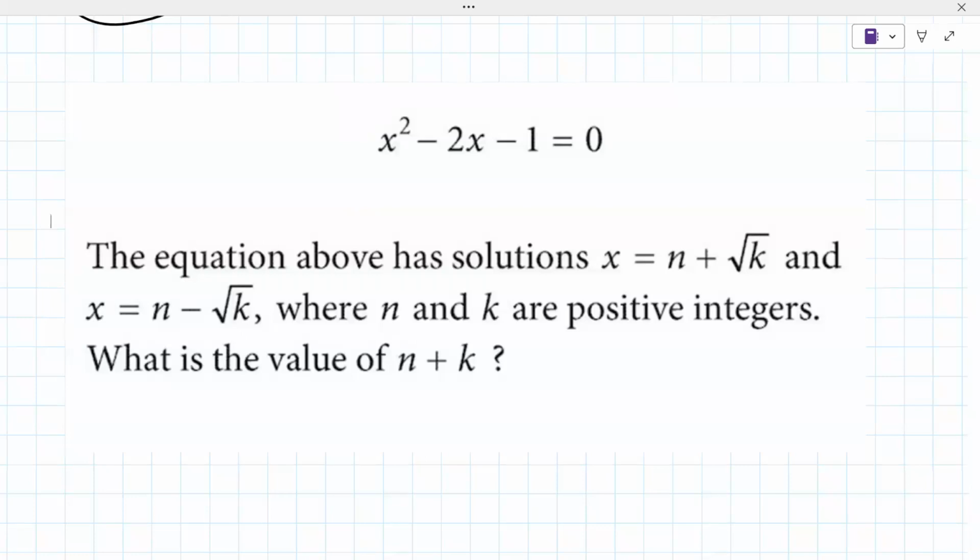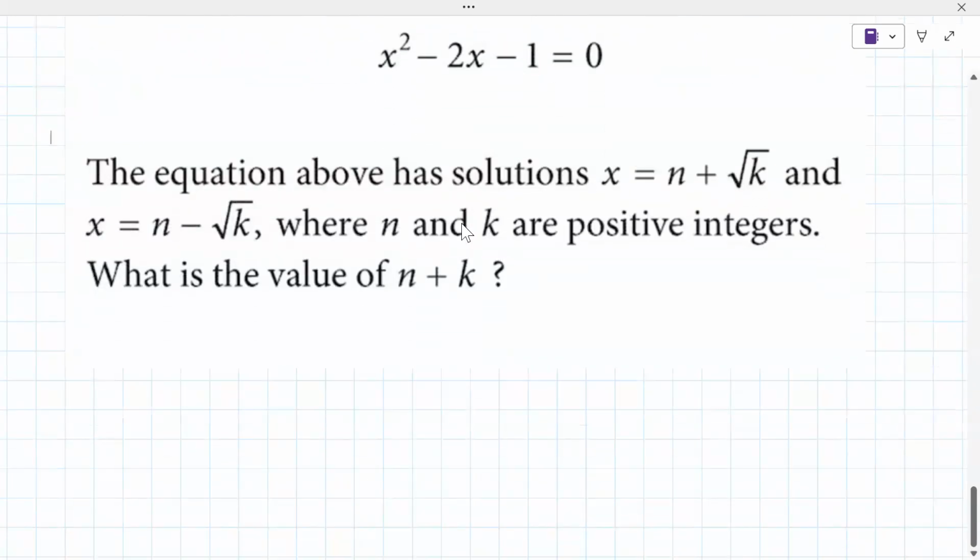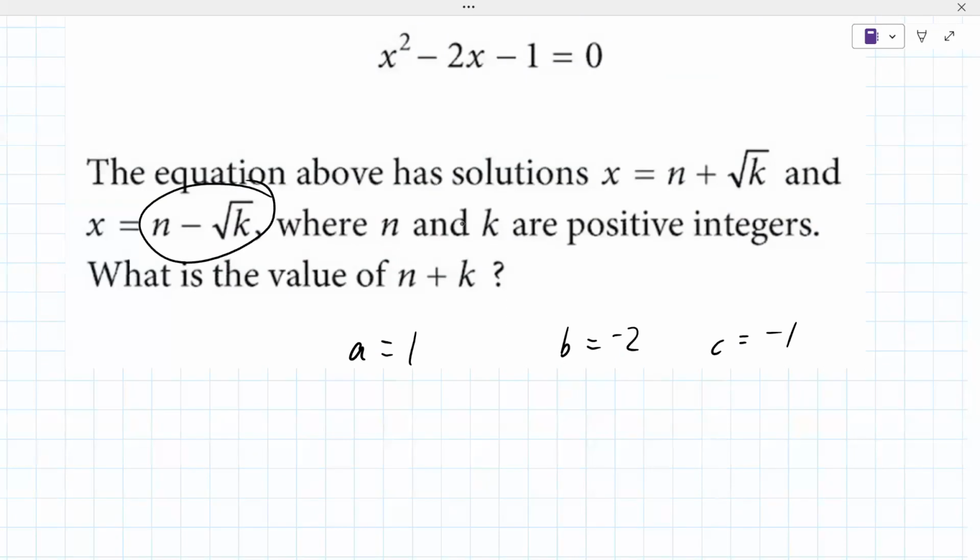I got root 2, and I don't know if I did something wrong. That's your answer to the quadratic formula. Okay, what is the value of A, B, and C? A is 1, B is -2, and C is -1. Okay, so the quadratic formula is always in this form.